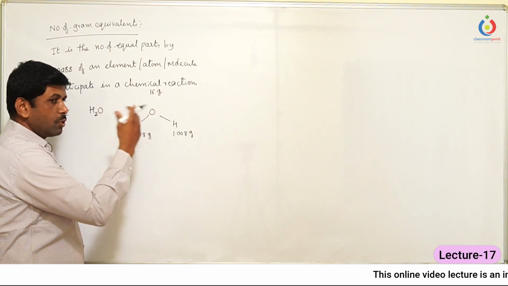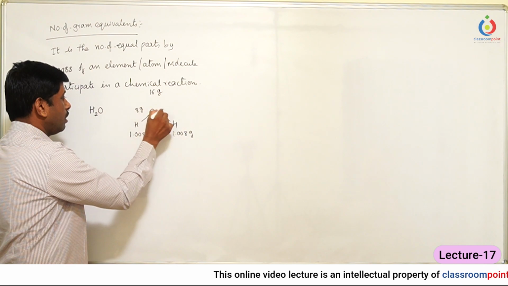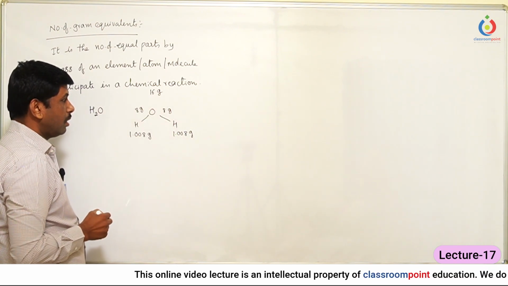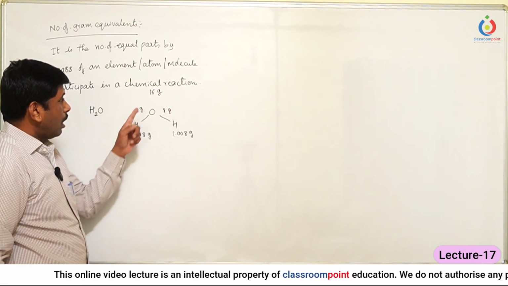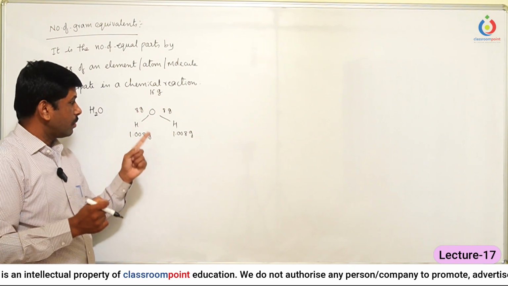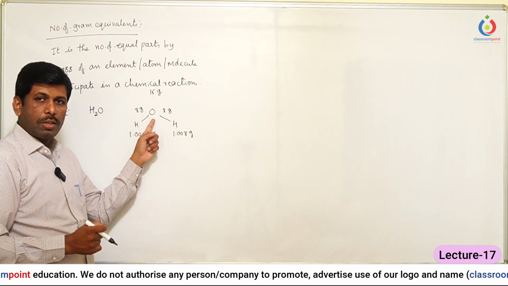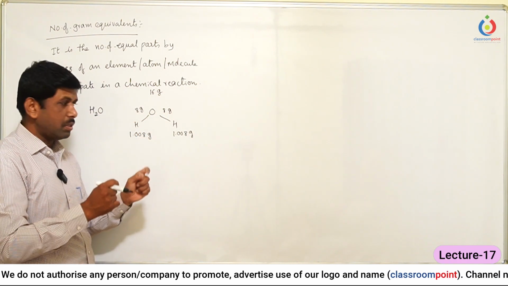The 16 grams has to be equally divided among these two bonds, that is 8 grams and 8 grams. So the question is, this 16 grams is divided into how many equal parts? 2 equal parts. So the number of gram equivalents of oxygen involved in this process is equal to 2.